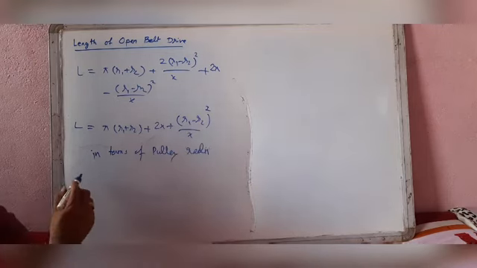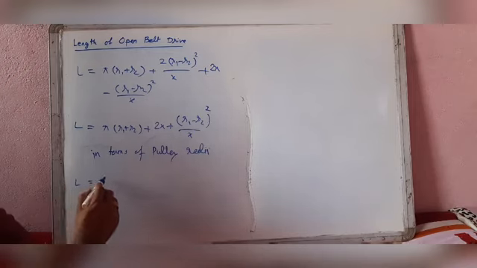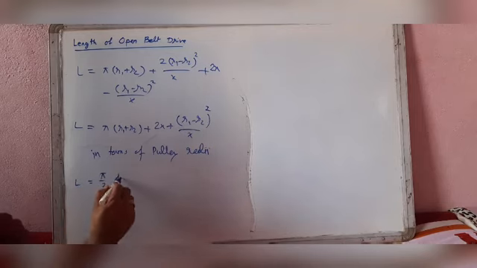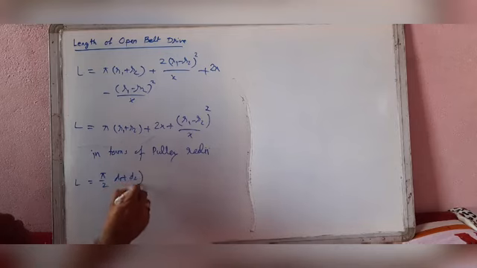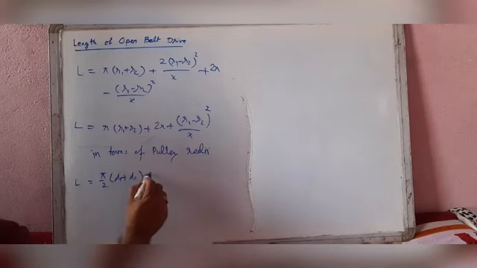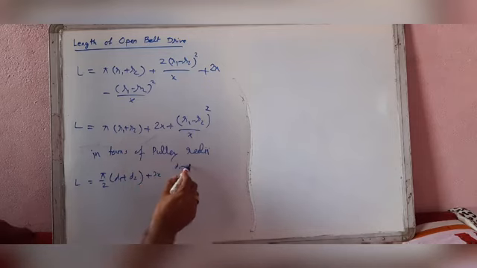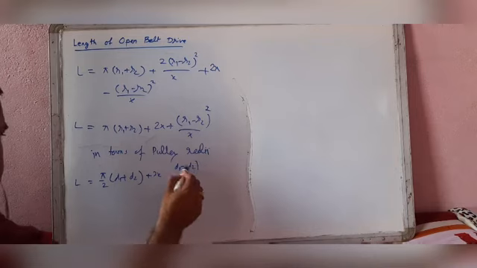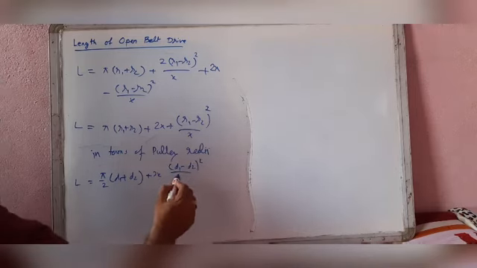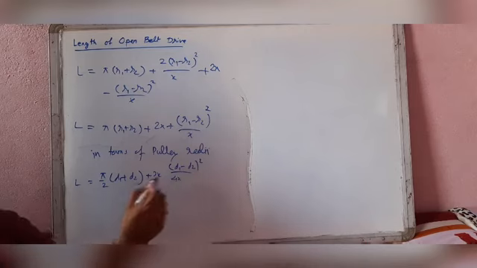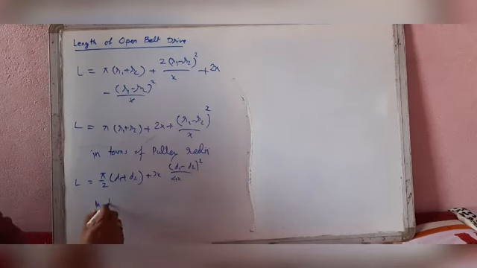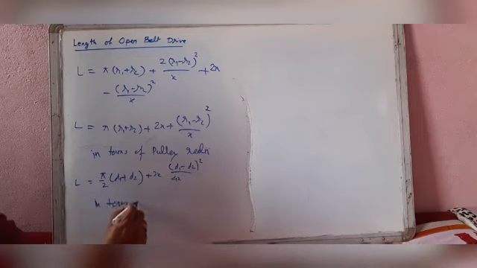Putting the value in terms of pulley diameter, this is pi by 2 (d1 plus d2) plus 2X plus (d1 minus d2) whole squared by 4X, in terms of pulley diameter.